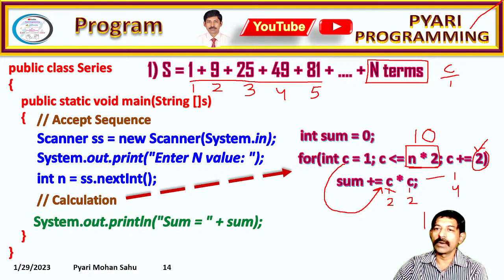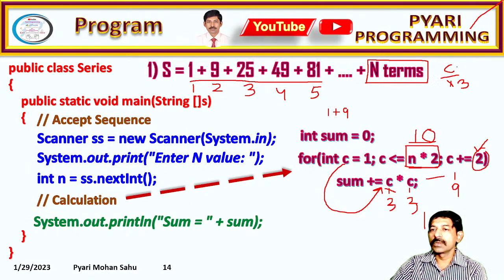So we'll get 1. Now next time C plus equals to 2. What will be the C value? 1 plus 2 is your 3. Now 3 is less than equals to 10. True. I will get inside. 3 into 3 is your 9.